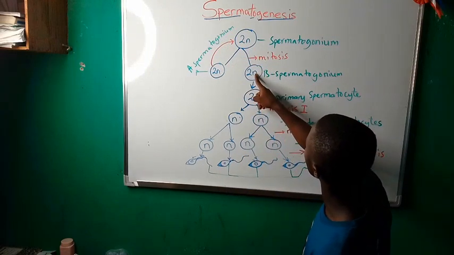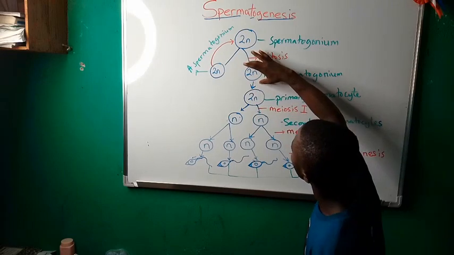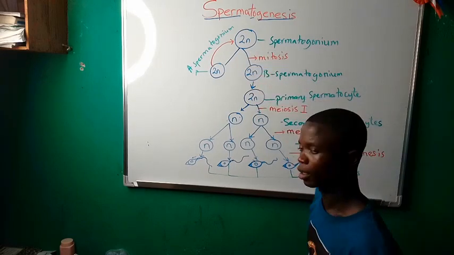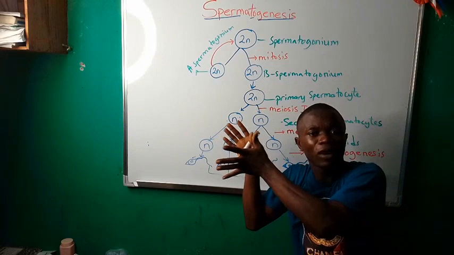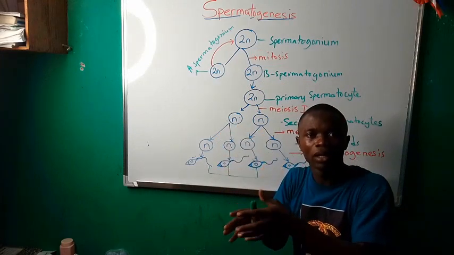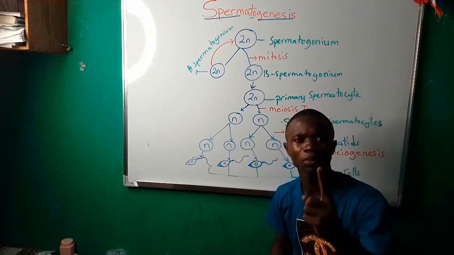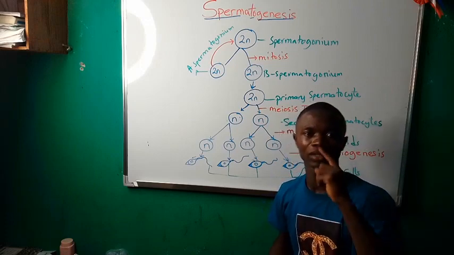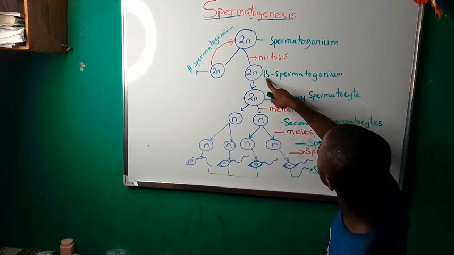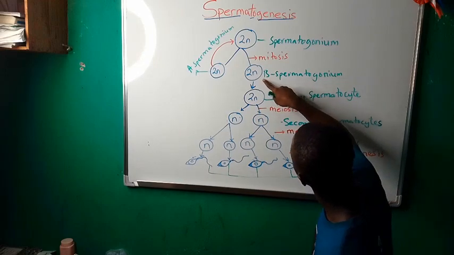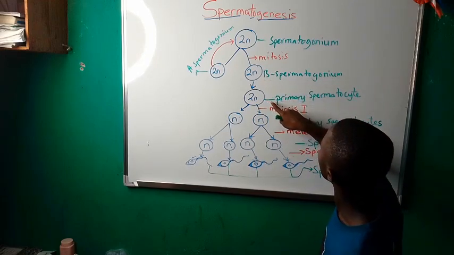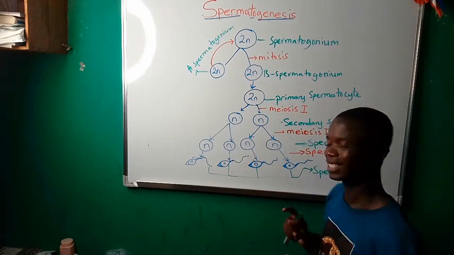This B spermatogonium will move from this compartment into another compartment. Whenever it leaves the first compartment into the second compartment, we change the name from B spermatogonium to something called primary spermatocyte.